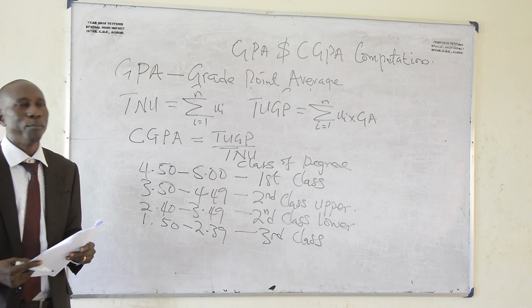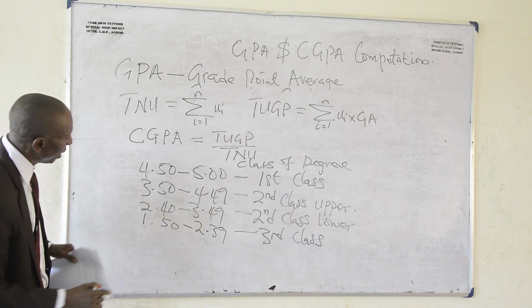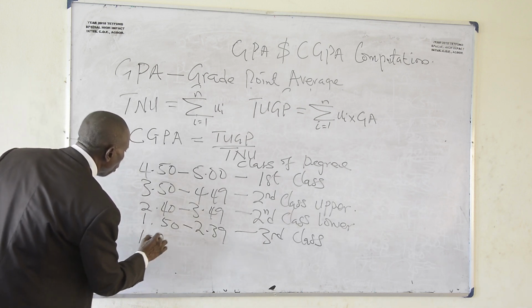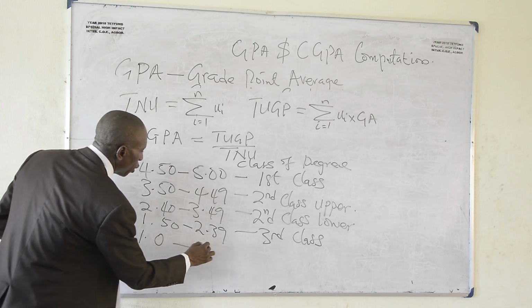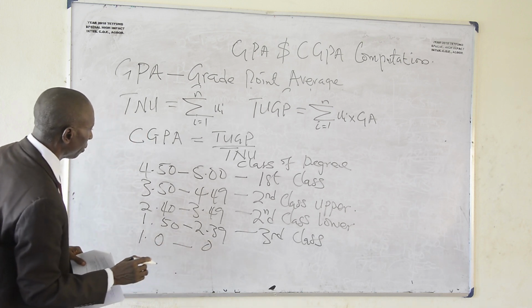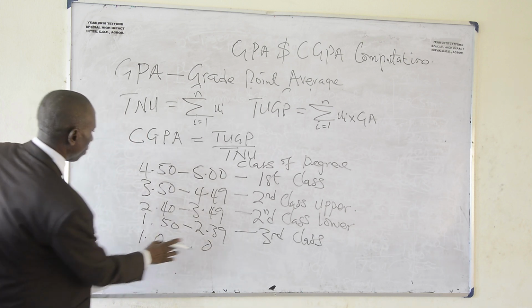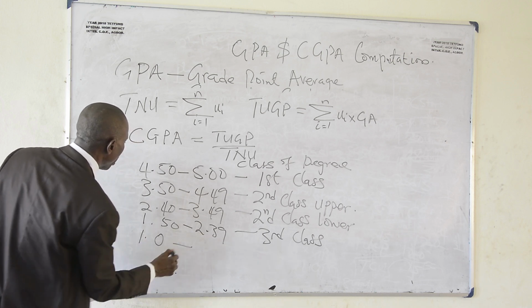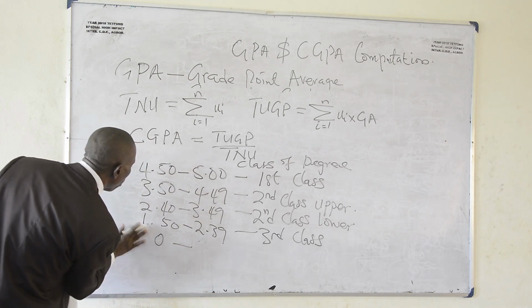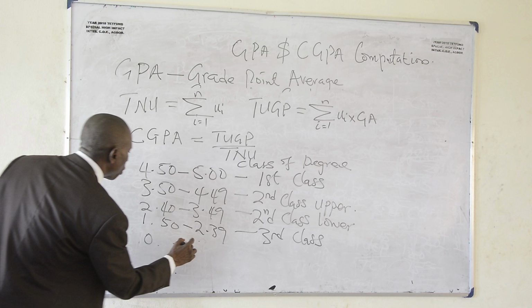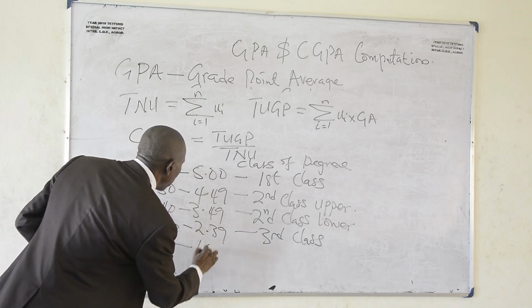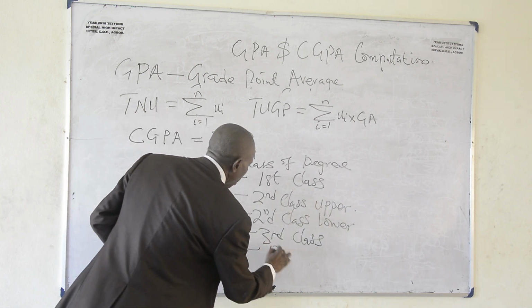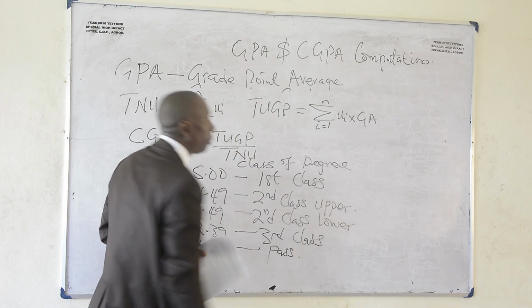And then, based on NUC regulation, we may have 0 to 1.49, a pass.